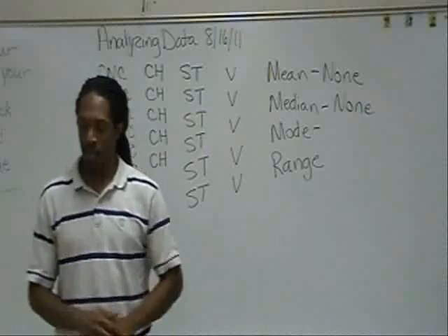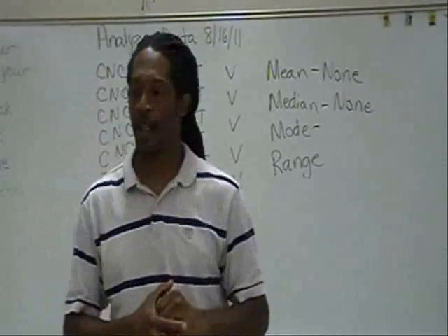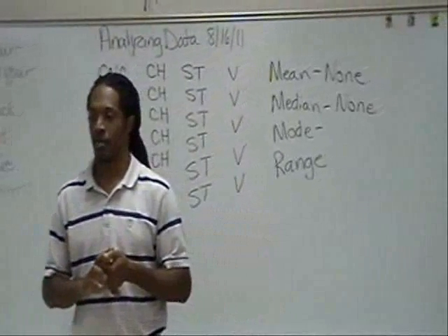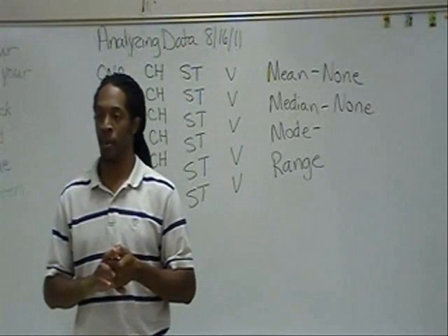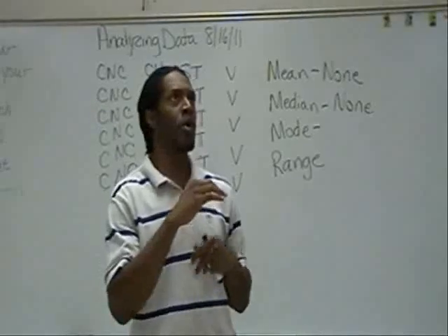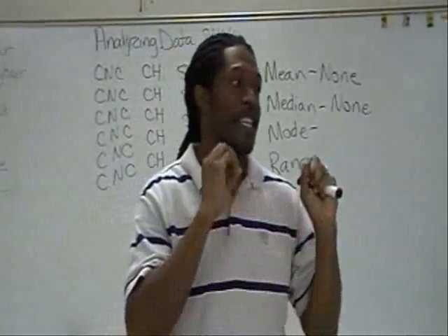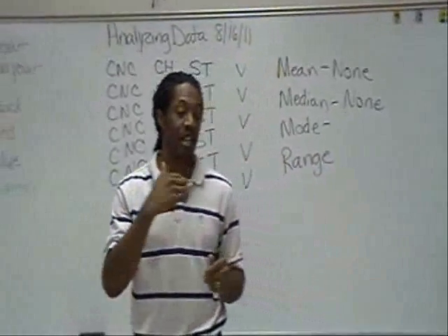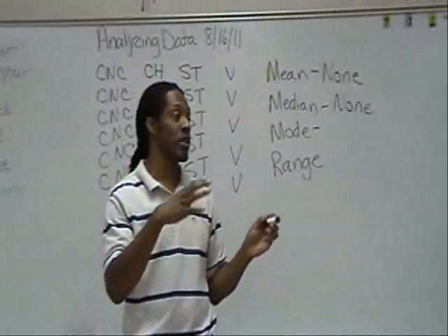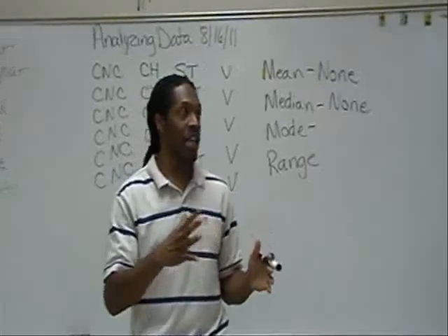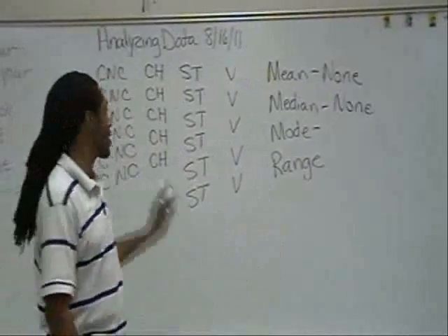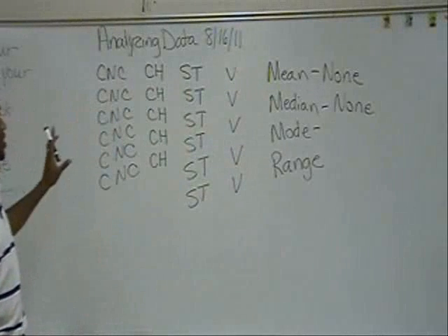Raise your hand if you can tell us how we find the mode. The number that appears most often. Okay, and mode, it's really the data, so we probably need to go back and change that. It's the data that appears most often. Can we find what appeared the most out of this information? Yes.